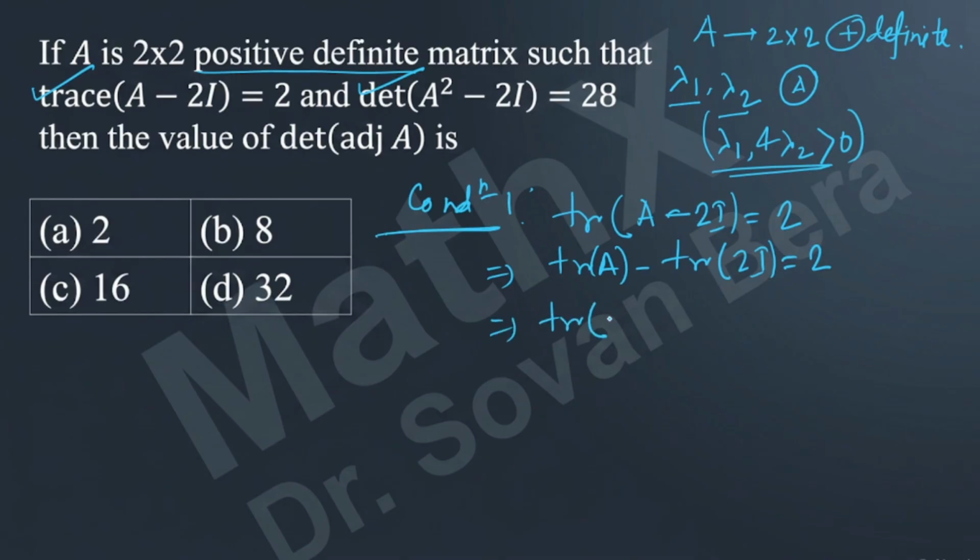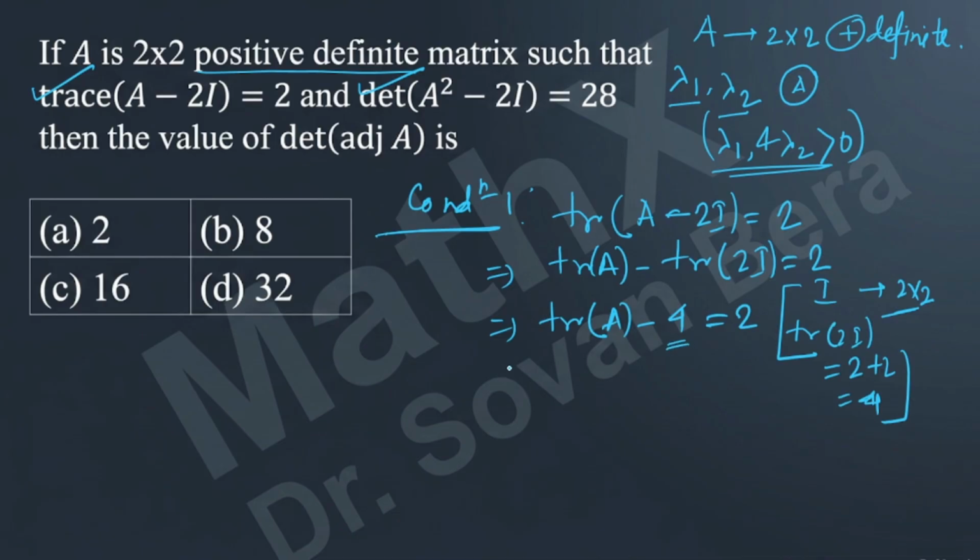Therefore, trace of A minus 4 equals 2, since I is a 2 by 2 identity matrix, therefore trace of 2I equals 2 plus 2, that is 4.